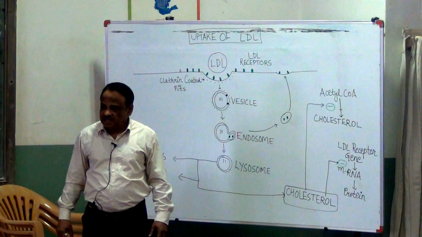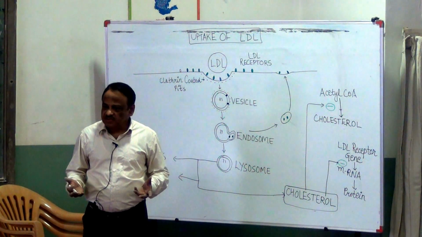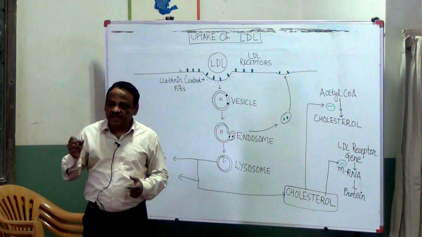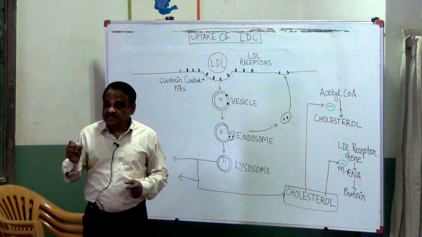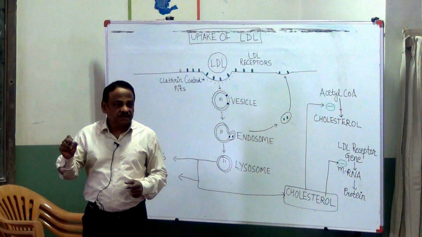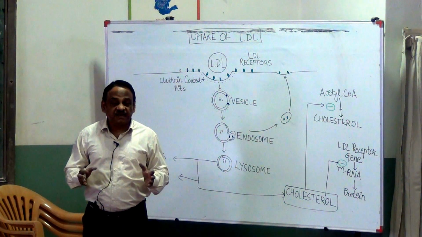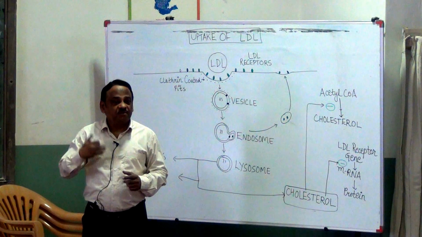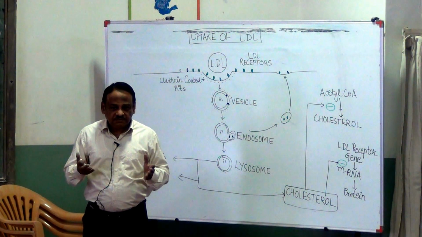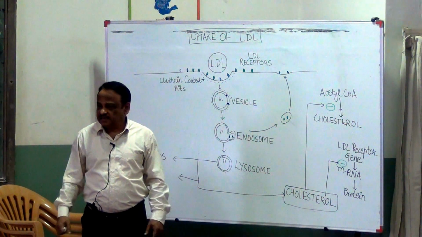Our body has about 30,000 proteins, so there should be a minimum of 30,000 genes also. One gene, one polypeptide, because some proteins contain more than one polypeptide. For example, hemoglobin has two alpha chains and two beta chains.